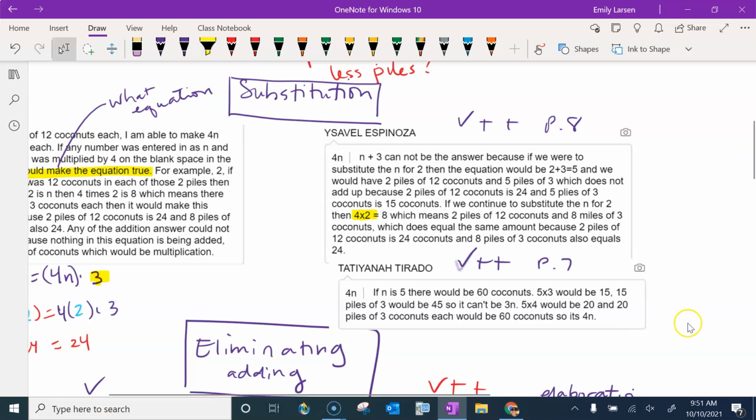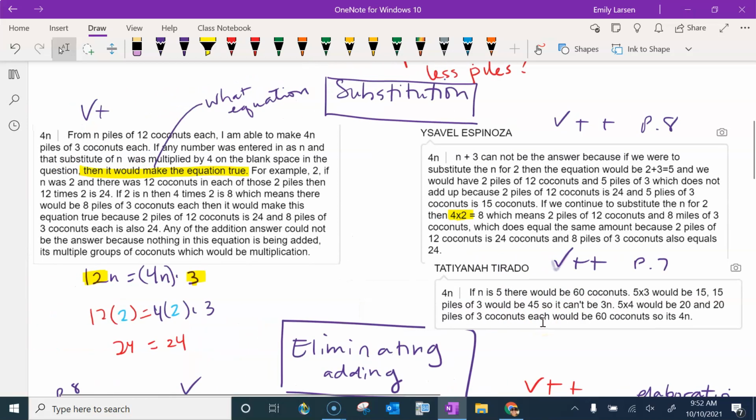And that is really only one substitution that verifies this. So I mean, they could have checked the other ones as well to eliminate those, but I did give that a check plus because it was pretty straightforward.